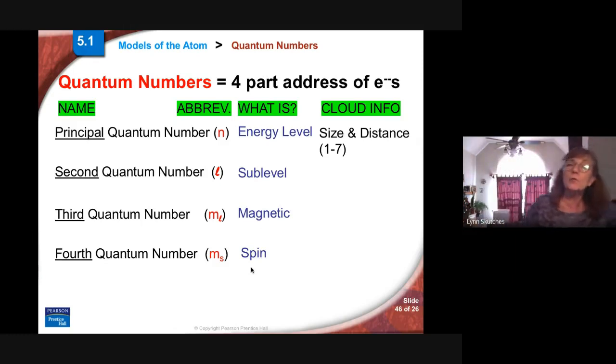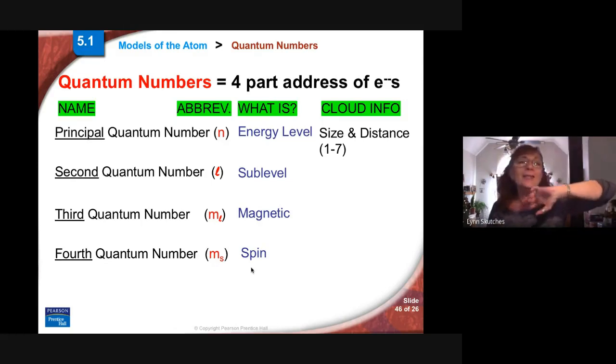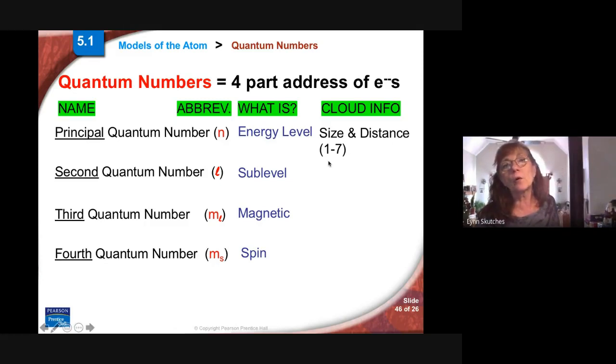If it has more energy, it can get farther away. And so it tells how far away the electron gets to live. Mathematically, this can go from 1 to infinity, but our atoms only have 7 layers.